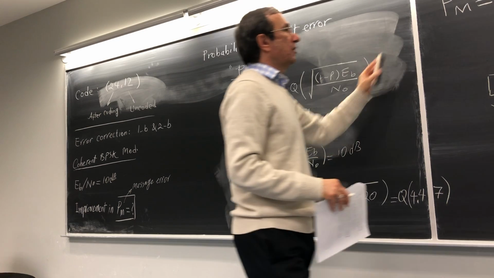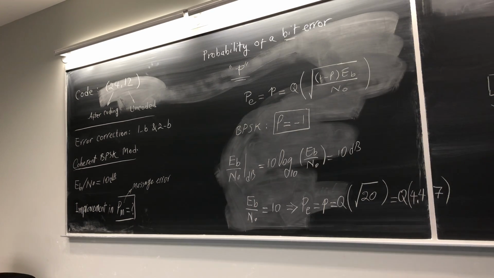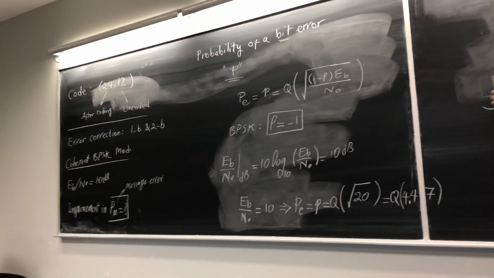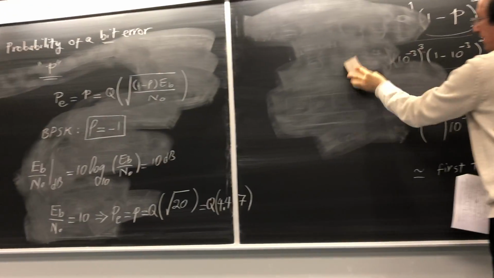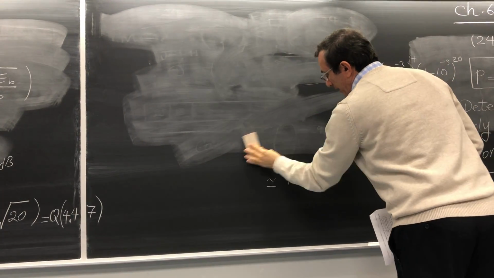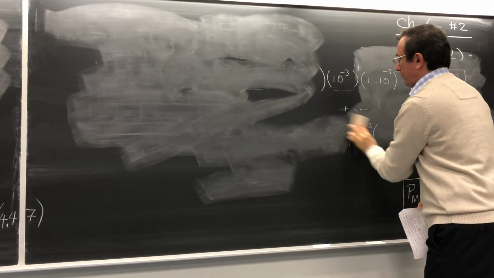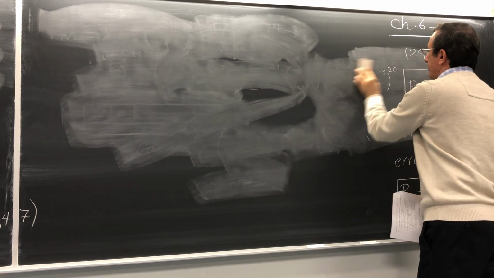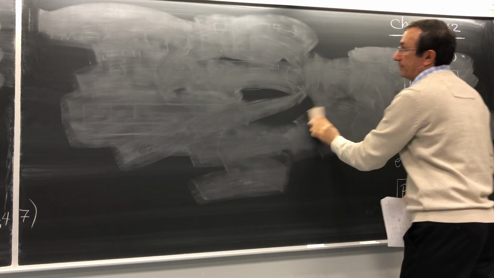If you take a look at the table for the error function, you would see that that table is for x less than 3.5, right?